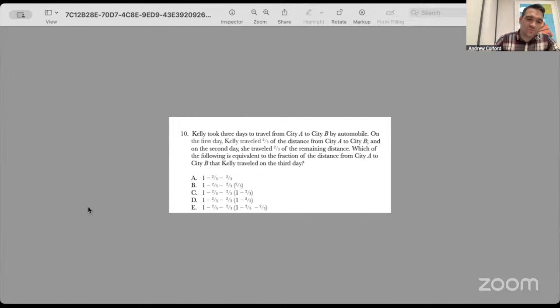So first off, just a strategic point, and I think I've made this point before. This is a wordy question, and it may end up being easy, conceptually. I would say it's on the easier side conceptually. The problem is it just takes so darn long to actually understand what it's asking for.